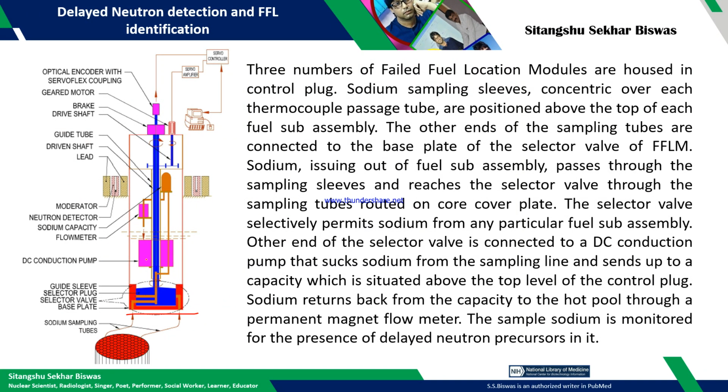It is simply Fleming's left hand rule, and it will pump to a storage, or you can call it a sodium capacity here, and from there it is again returned through a flow meter back to the hot pool.